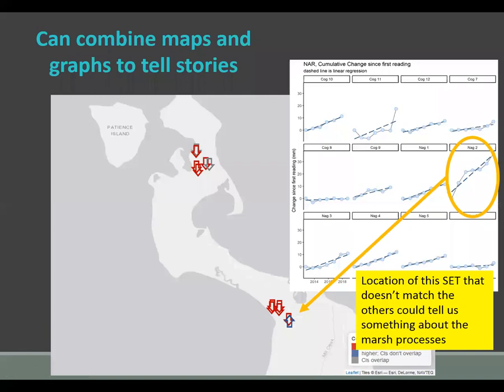Okay, now the really fun thing that you can do at your local level is pull out the stories and start combining graphics. This is a map from Narragansett Bay, and most of their sets are really not chugging along too well, but there was one of them that had a very steep rate of change, and that's here on the map.